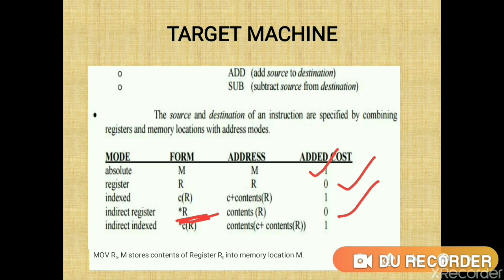Likewise here 1, here you got 1. Next, if a constant value is involved, then also its cost will be 1. Here also star z of R means the cost will be 1. So that is the cost related to the target code.